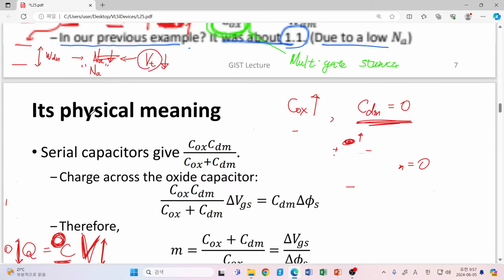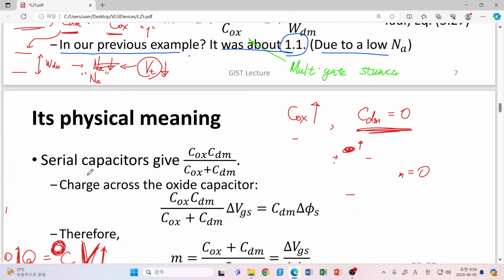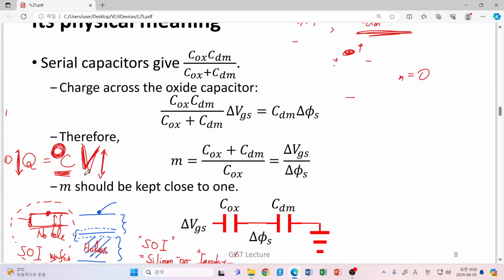So in the previous slide shown here, now we understand M is just showing the relative ratio between depletion cap and oxide cap. Then we can visualize it in this way.